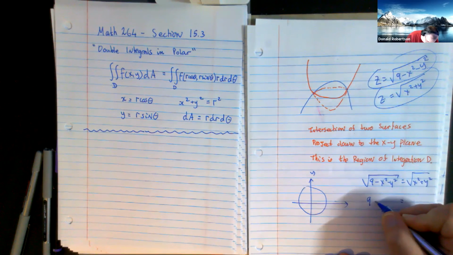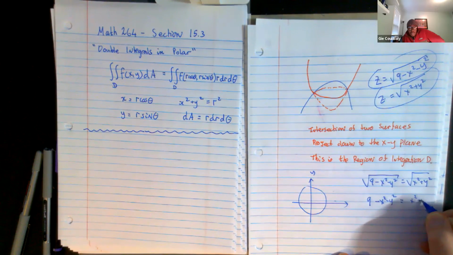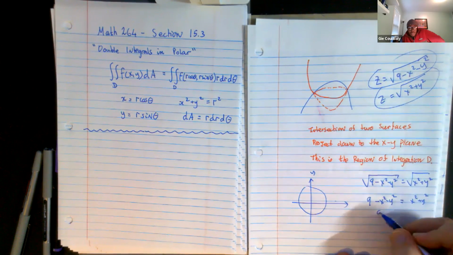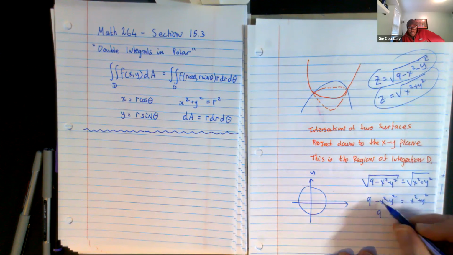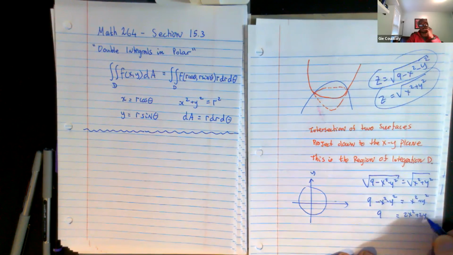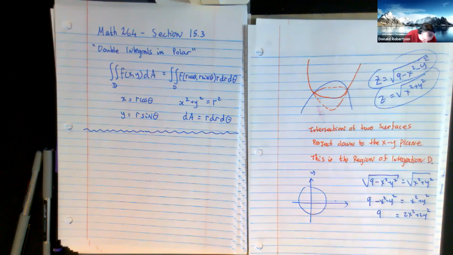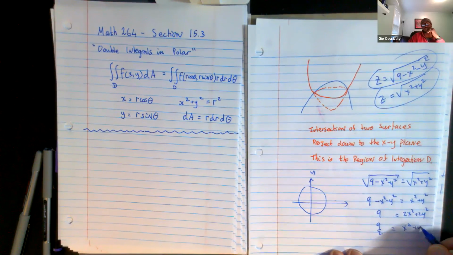So 9 minus x squared minus y squared is equal to x squared plus y squared, all squared. Agreed? Yep. So 9 minus x squared minus y squared is equal to x squared plus y squared, which is 9 over 2. Is equal to x squared plus y squared.